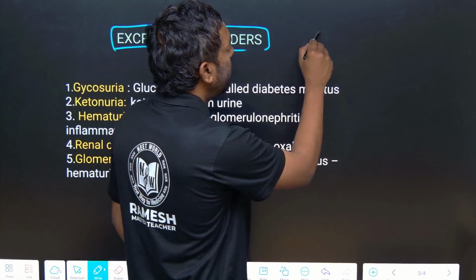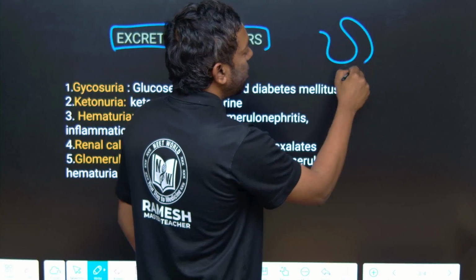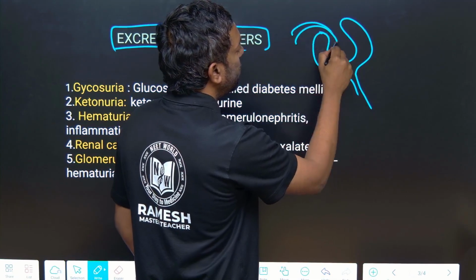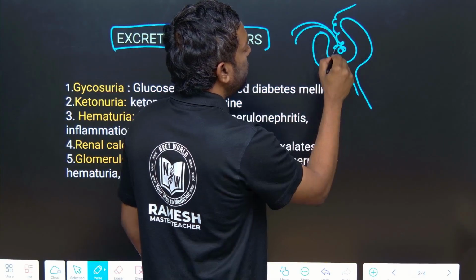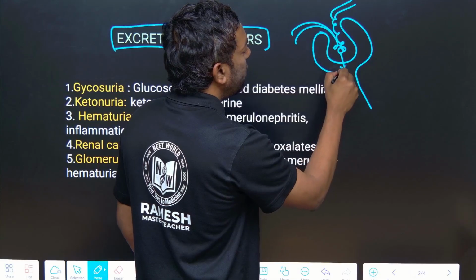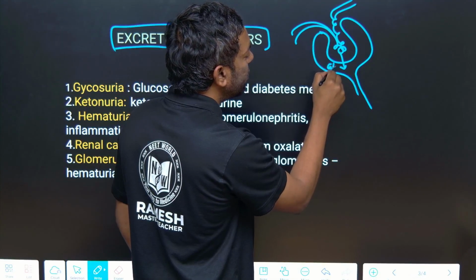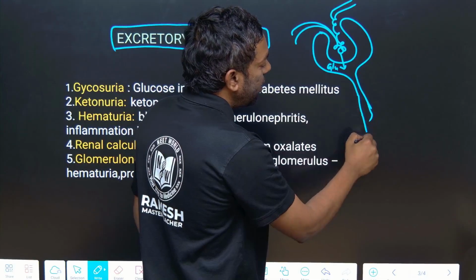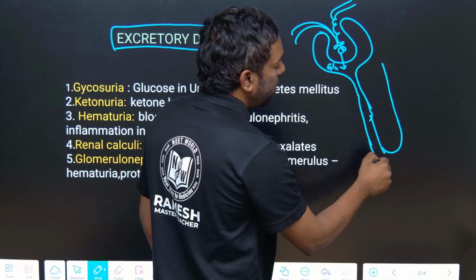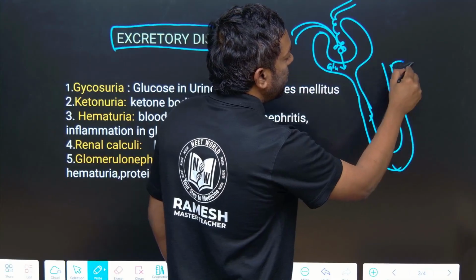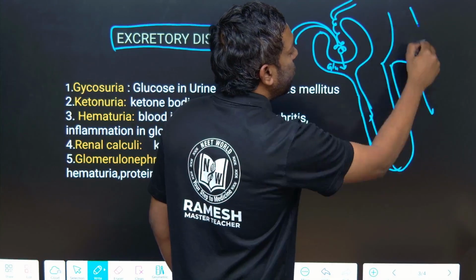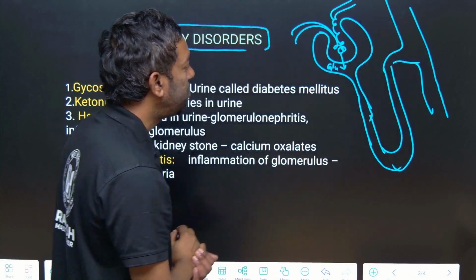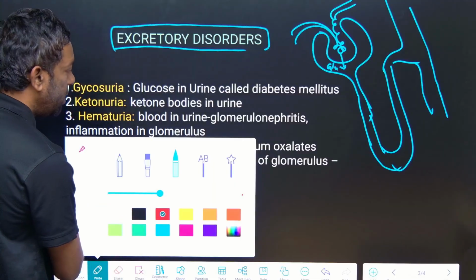How? This is the Bowman's capsule. Glomerular filtration takes place, and some glucose is also filtered. Most of the glucose reabsorption takes place.